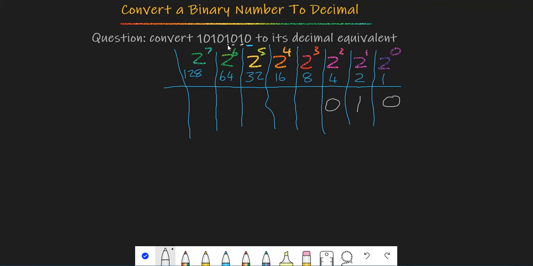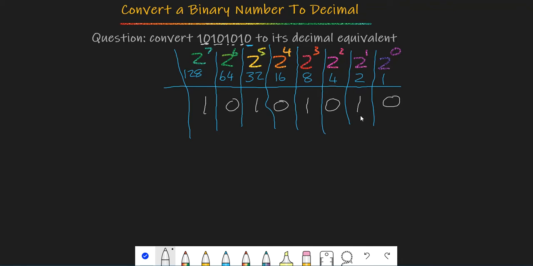The next one in order is a 1, so it goes into the 8's. Next one is a 0. Next one is a 1. Next one is a 0. And the next one is a 1. Now if you make yourself underline each digit as you're using it, and then put it into the correct column, everything should be plain sailing from now.